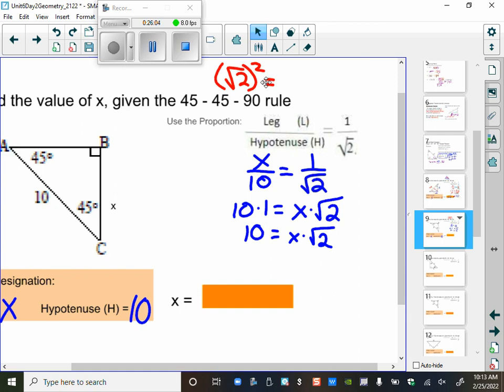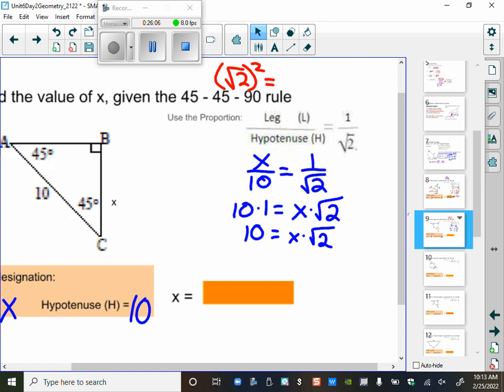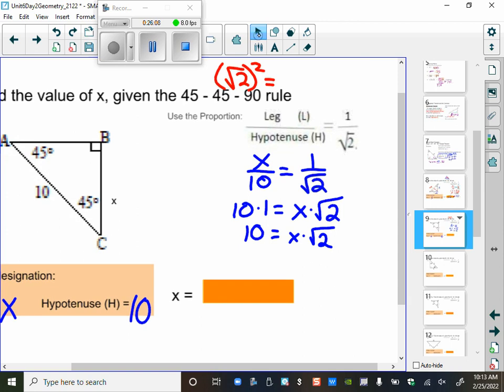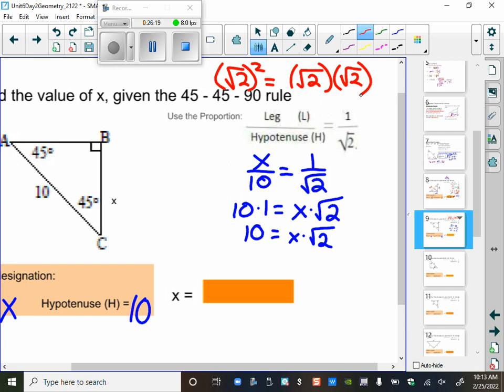Rather than 2 times 2, it would first actually be square root of 2 times square root of 2. But in the end, as you said, what happens with the square root and the exponent? Right, that would go away. It would just be 2.